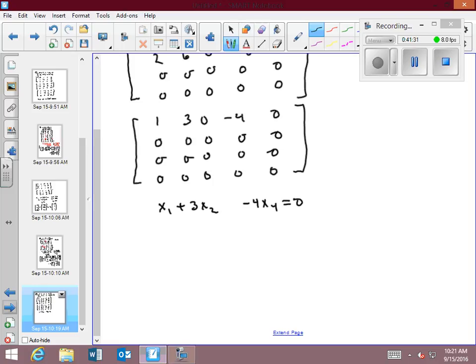So then I'll solve that for x1: negative 3x2 plus 4x4, and then x2 free, x3, x4.